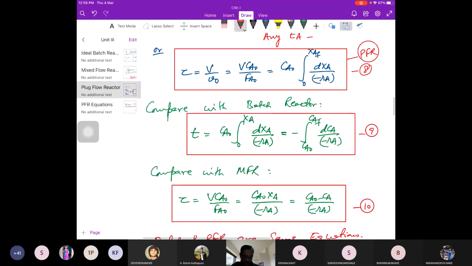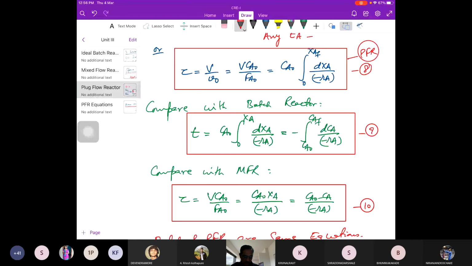Okay, so if you compare with mixed flow reactor, you take the equation for mixed flow reactor, tau is equal to V CA naught upon FA naught, CA naught XA upon minus RA. So ये था, if you see this and this, this is the same as this one, and if you see this, what is the difference between these three?